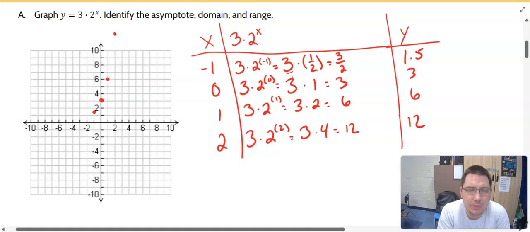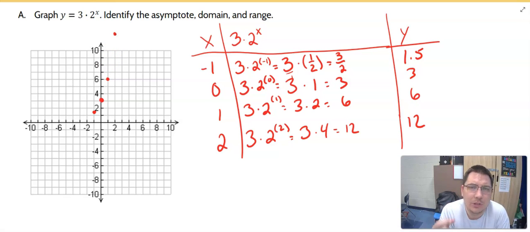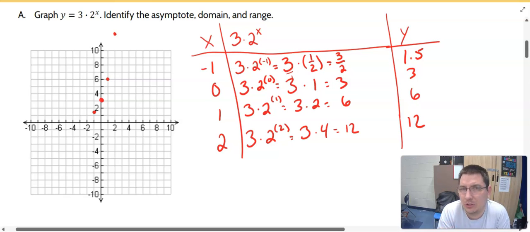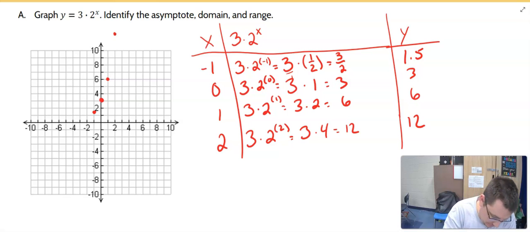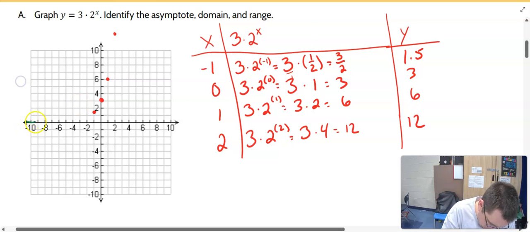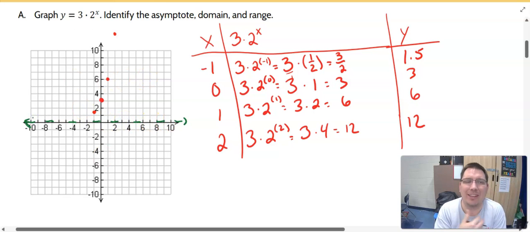Now, remember when we talked about exponentials at the start, we talked about how they have an asymptote. And the default asymptote for an exponential function is the x-axis. And so we're going to come in here and draw our asymptote along this x-axis here. Remember that an asymptote is a line that a graph cannot cross.